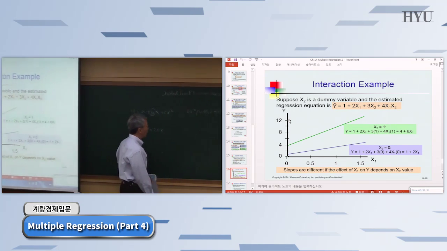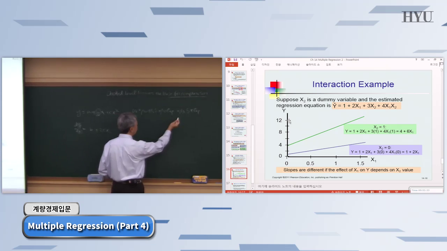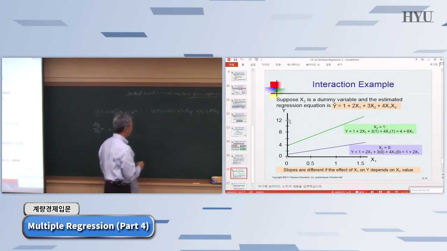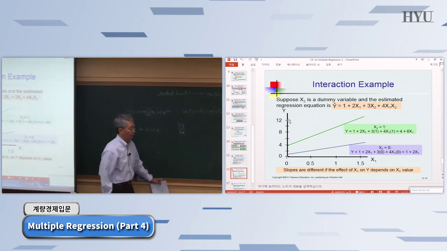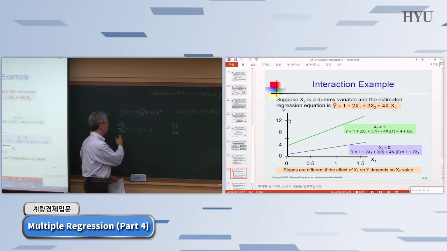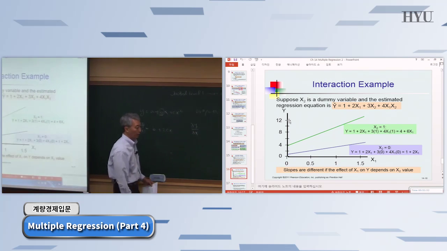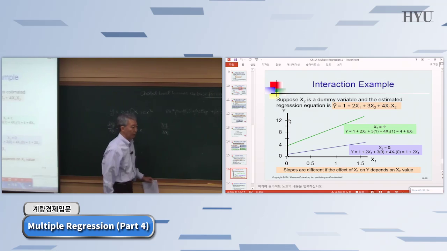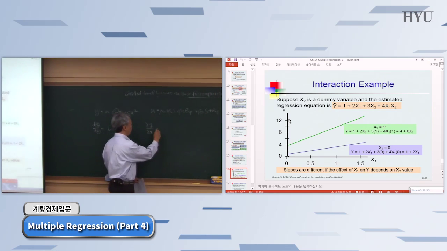Here, since we have more than one independent variable, we use partial differentiation. Instead of dy dx, we use this partial sign. This delta stands for d, the Greek letter delta is d, okay?